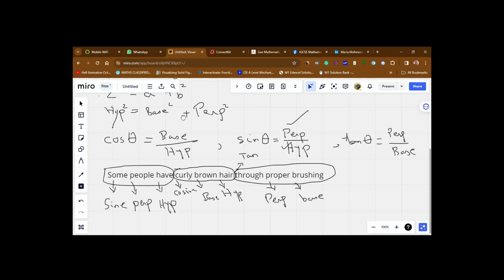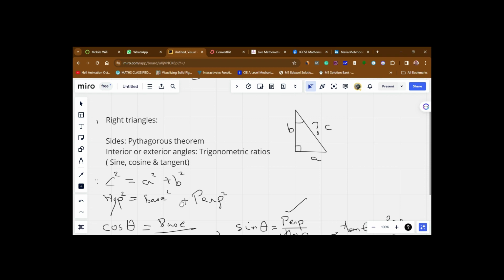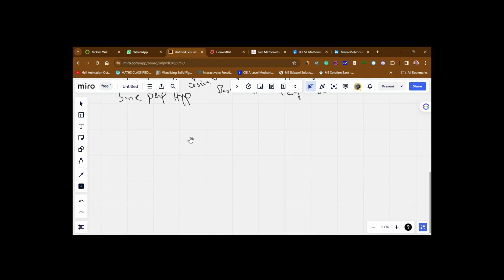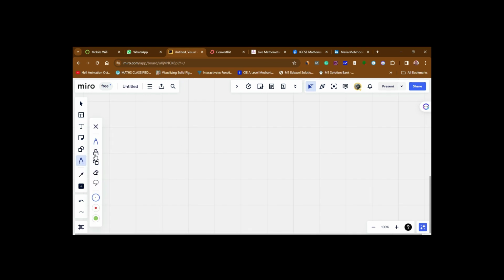So once you move from the right triangle, where do you move? You move to the obtuse or acute angle triangle. So if you're handling a triangle which is either obtuse or acute, we talk about a scalene triangle, having all sides different, having all interior angles different.